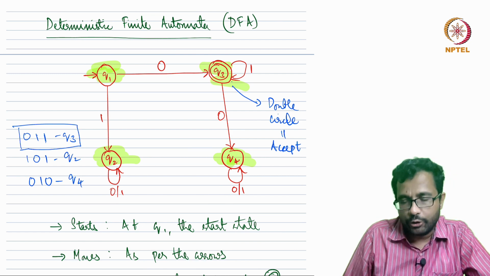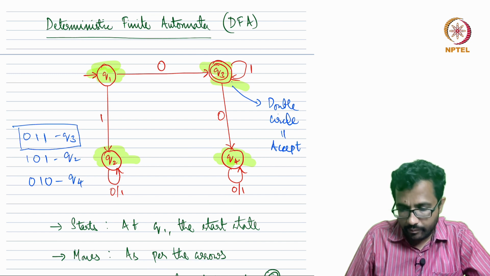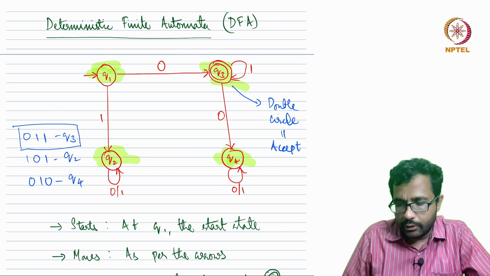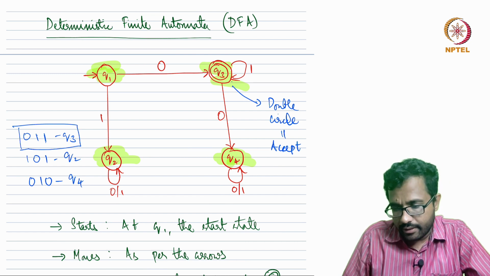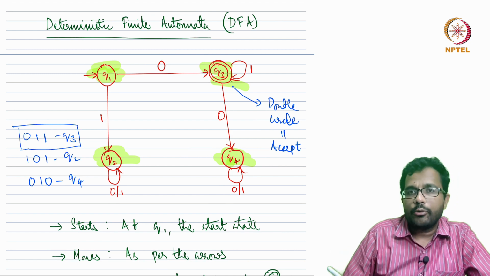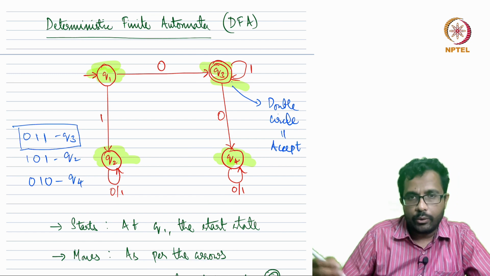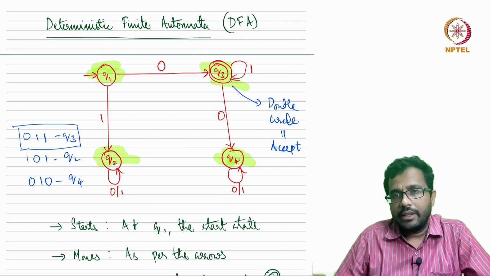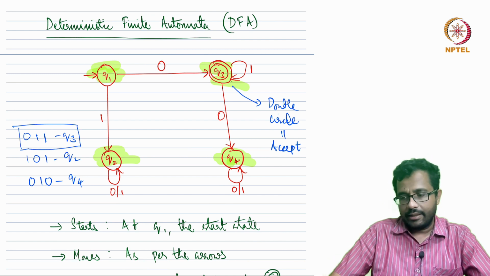The first symbol should be 0, right? And then after that, for it to remain in Q3, it only has to see 1s. So the string must be of the form 0 followed by some number of ones. It could be no ones, or it could be 1 one, or 2 ones, or 3 ones, or 100 ones, right?